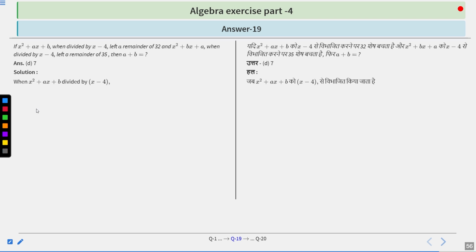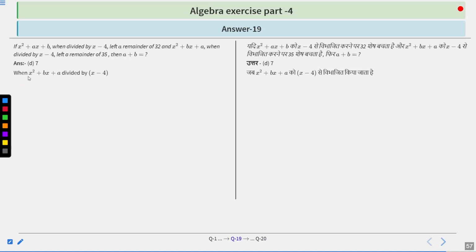When x squared plus ax plus b is divided by x minus 4, the remainder is equal to 32. Therefore, 4 squared plus a into 4 plus b is equal to 32. This is 16 plus 4a plus b equal to 32. Therefore, 4a plus b is equal to 32 minus 16, that is 16.